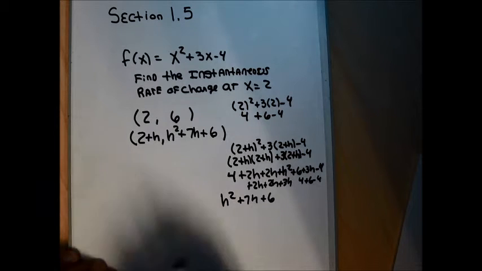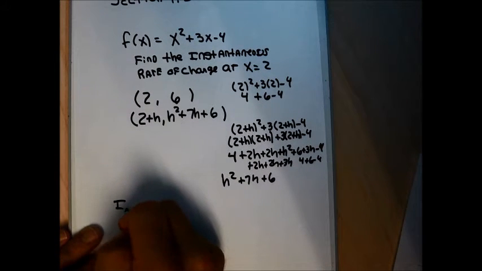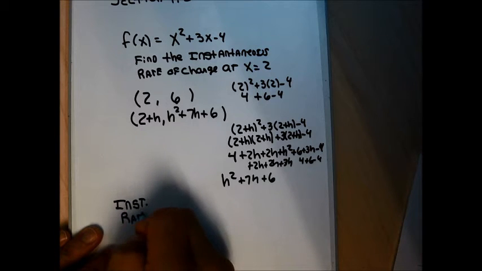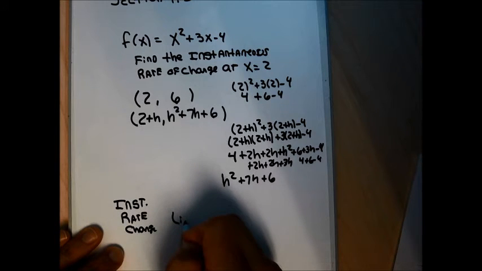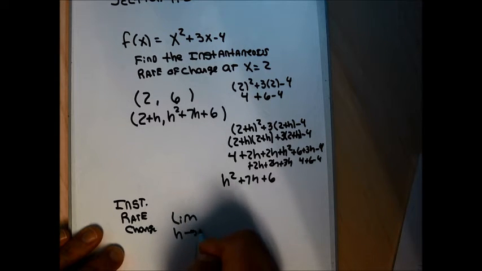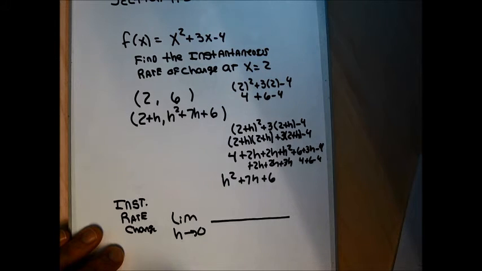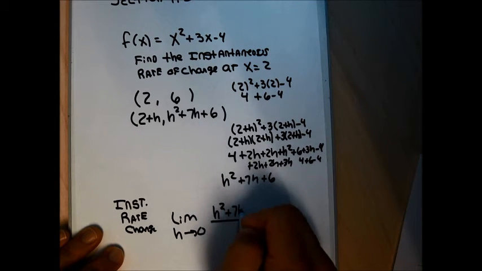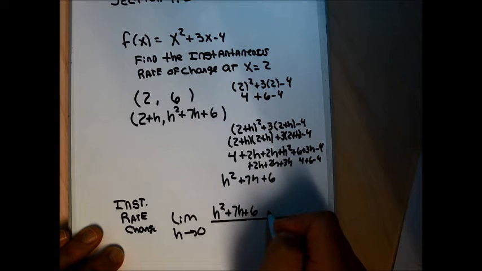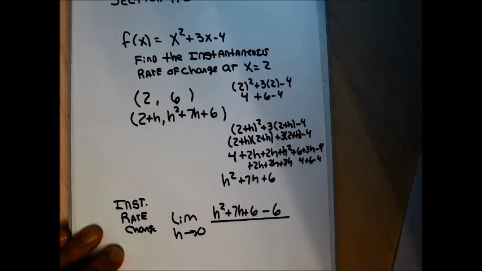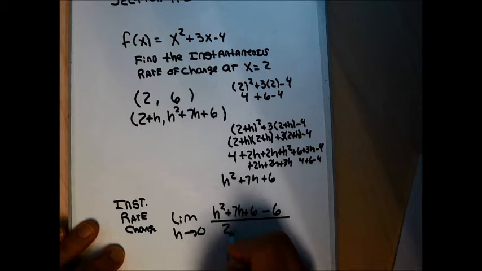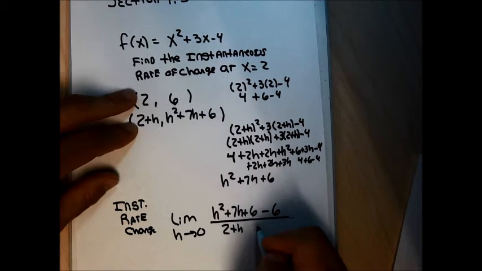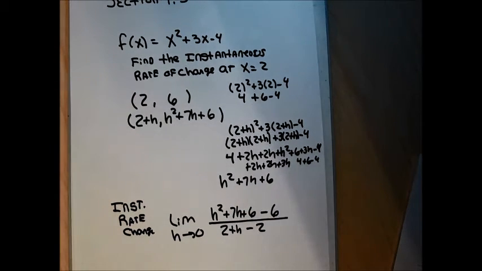And now the instantaneous rate of change is the limit as h goes to 0. In the numerator, y2 minus y1, so h squared plus 7h plus 6, which is y2, minus y1, over x2, which is 2 plus h, minus x1, which is 2.